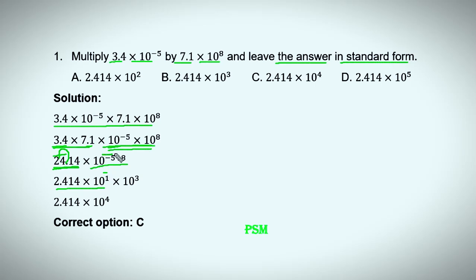You add from here, you have this result. Again, we have to simplify these two terms by adding the powers under the multiplication law of indices, and you have these results. The correct option is C. You have it here.